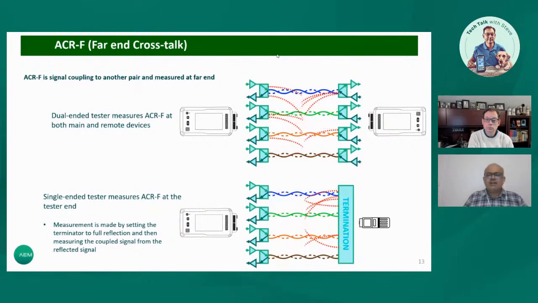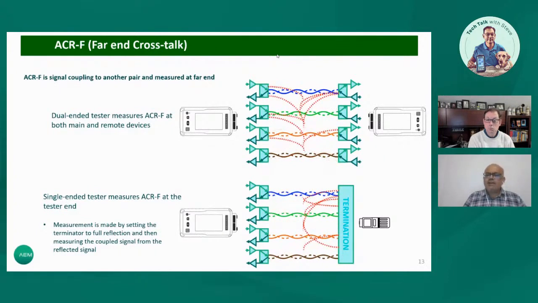The difference here is that while near end crosstalk is the measure of the coupled unwanted signal coming back to the near end, the ACRF is the measure of signal that is actually continuing in the same direction and reaching the far end. And this is always measured relative to the actual received signal on the desired pair.